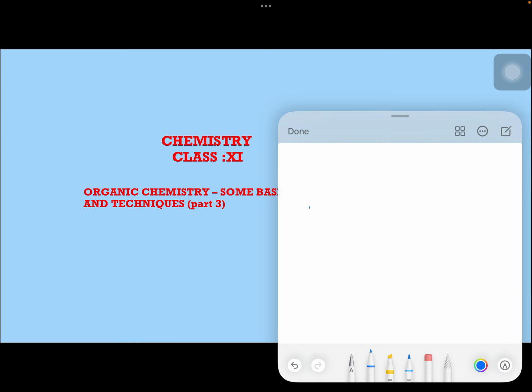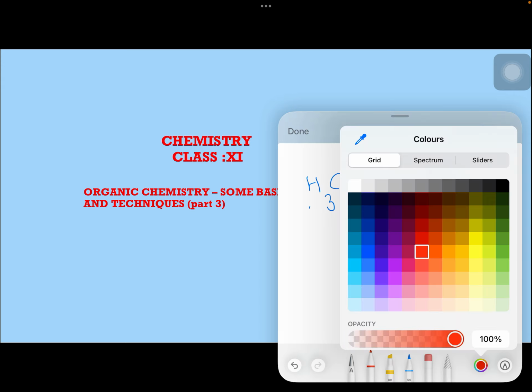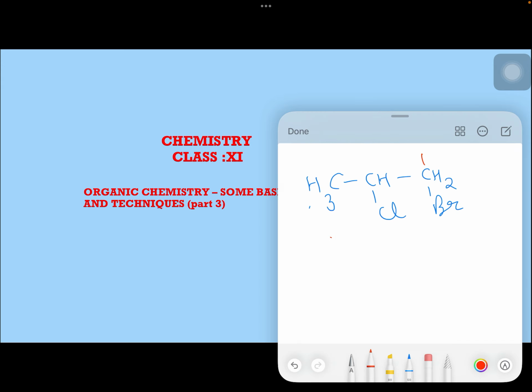Suppose you have a compound like CH3, CHCl, CH2Br. Haloalkane we call it. So when I have to write the name, I will start numbering from the side from where the substituents are coming closer.